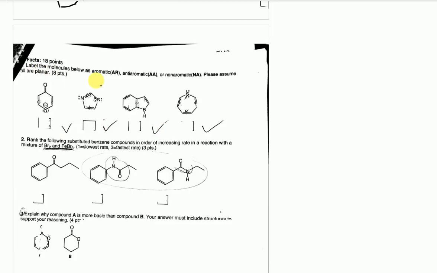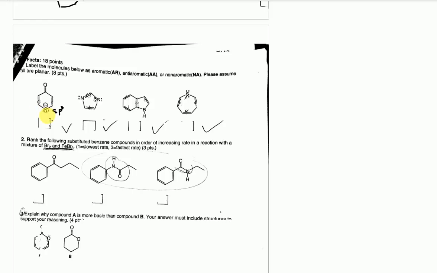Label the molecules below as aromatic, anti-aromatic, or non-aromatic. Okay, so the first one that we have is this ring right here, okay? First thing first, we have to check if everything's sp2 or not. And when we do, we find that this is not, this is sp3 right here. But it doesn't really matter because it's a lone pair with a negative charge.